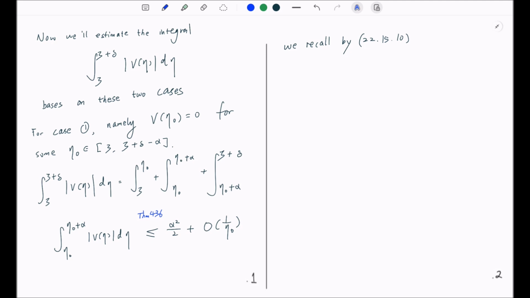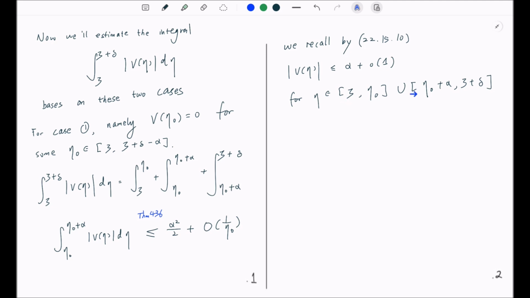So in our setting, by 22.15.10, v of eta is bounded by alpha plus little o of 1 for the variable eta in the interval from zeta to eta naught, union the interval from eta naught plus alpha to zeta plus delta.